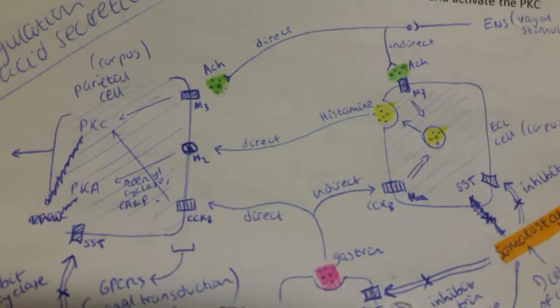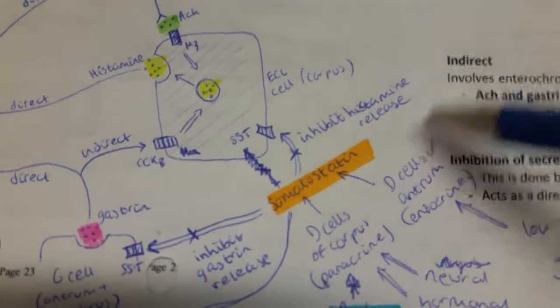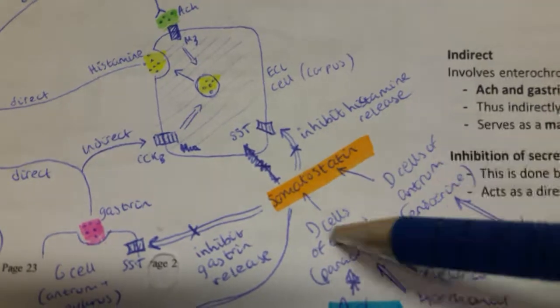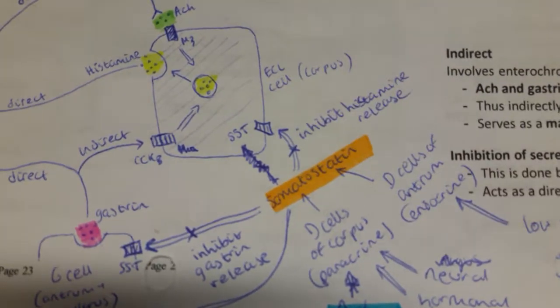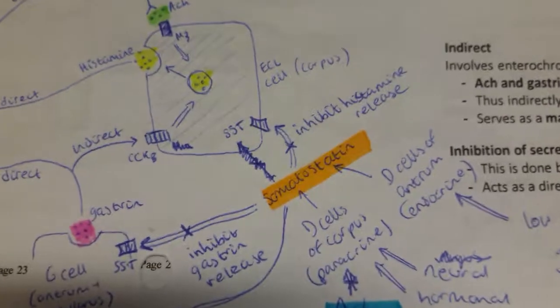Now, how do you inhibit it? Well, you inhibit it using somatostatin. Somatostatin is another chemical produced by D cells, which inhibits this whole acid production, acid secretion even. It does this in a few ways.